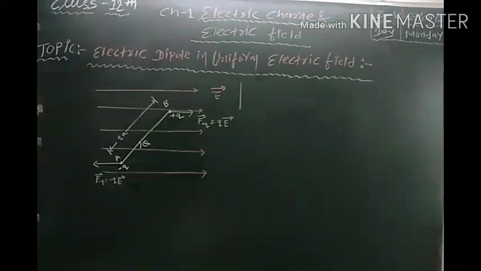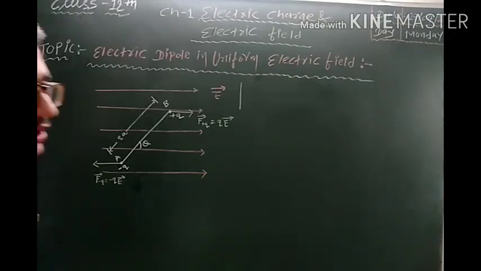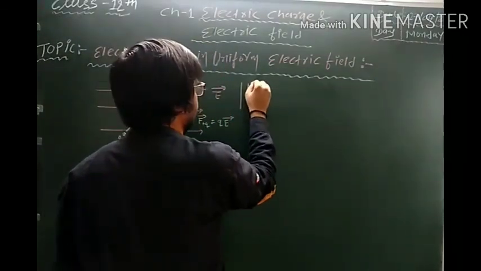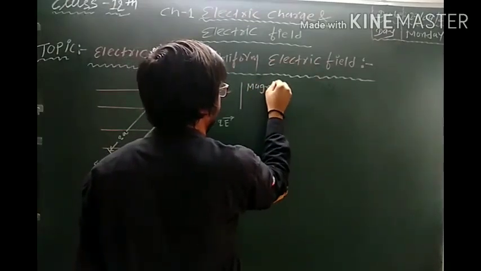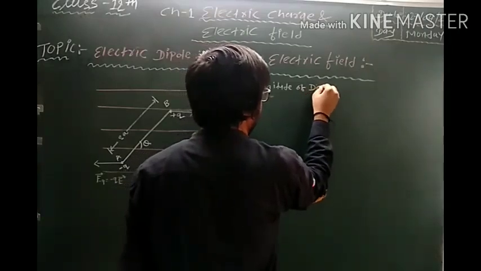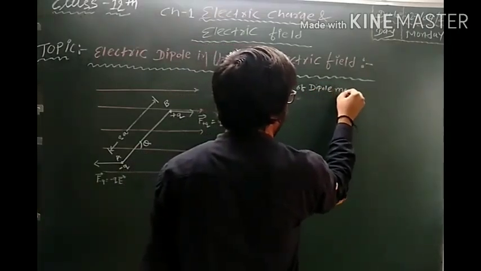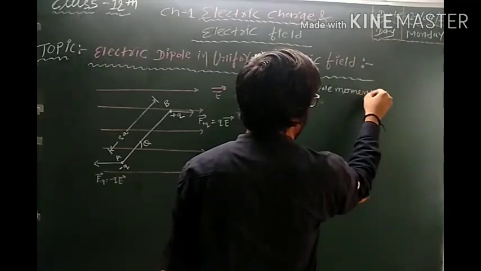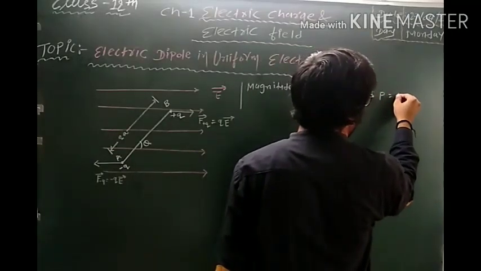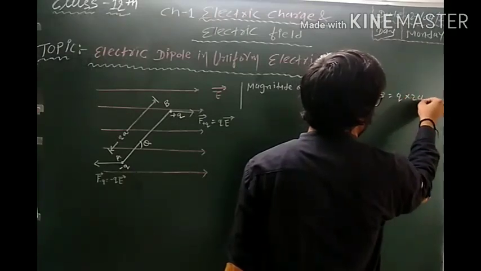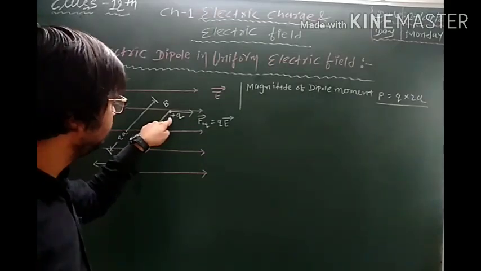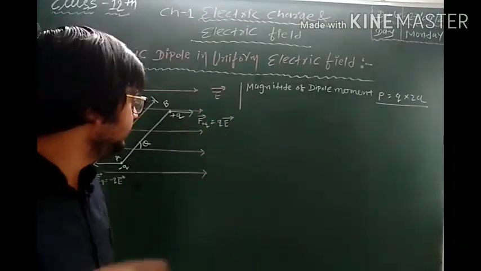We already know the magnitude of the dipole moment: P is equal to Q times 2a.